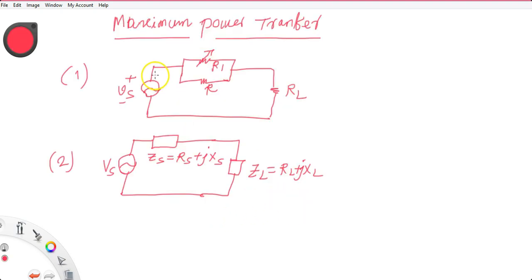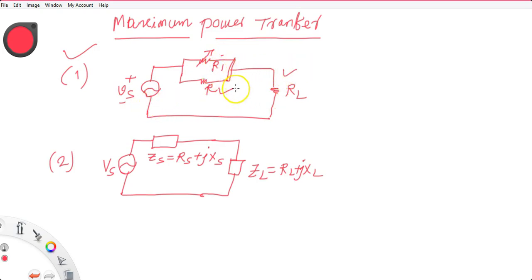Next we will discuss maximum power transfer. It is a very important theorem as far as competitive exams are concerned. First we will discuss case 1, where a variable resistor is connected in parallel with another element. What is the value of R1 so that maximum power will be delivered to the load?